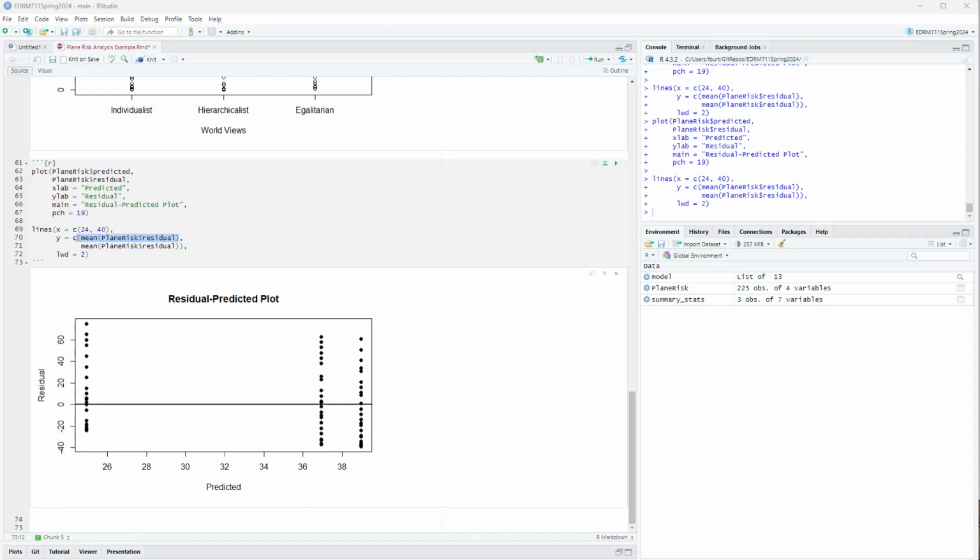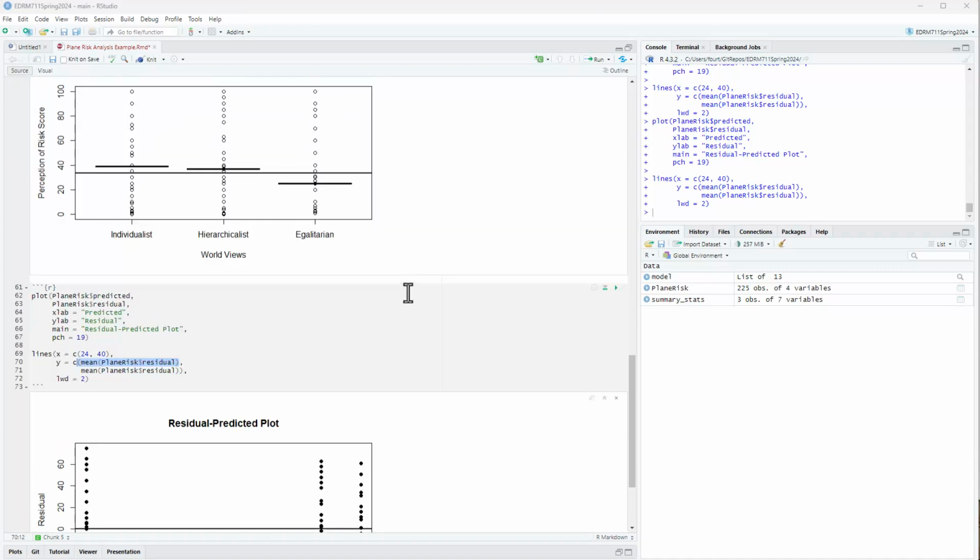And if it looks like there's more positive residuals here for the egalitarian group, notice that there's a lot of thickness here. There's a lot of darkness here in these dots. So there's probably about as many below the 0 here as there are above the 0. It's just that above the 0, they tend to be spread out more.